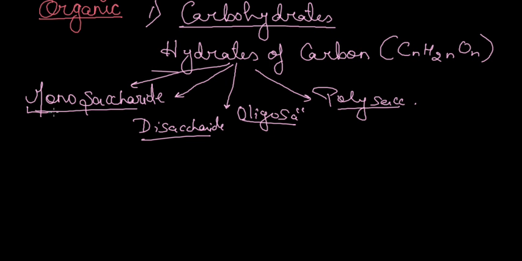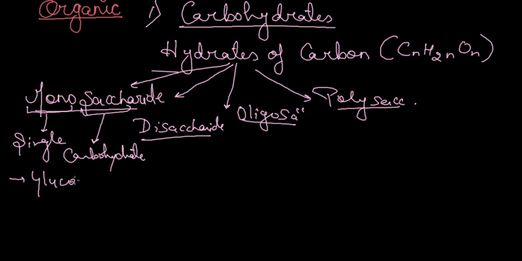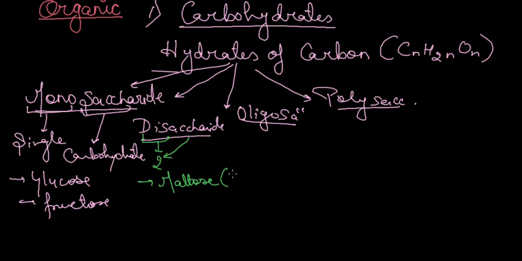Mono means single and saccharide means carbohydrate, so if a single carbohydrate unit is present, it is regarded as a monosaccharide, for example glucose, fructose, etc. Di means two, so where two carbohydrate units are present, it is a disaccharide. For example, maltose, which is formed from glucose plus glucose.